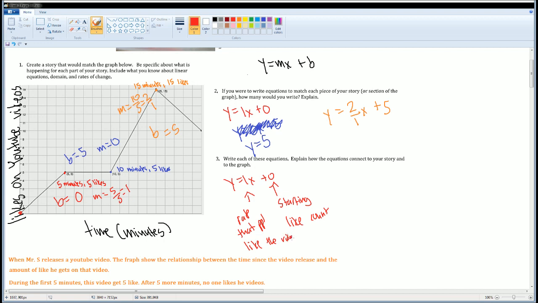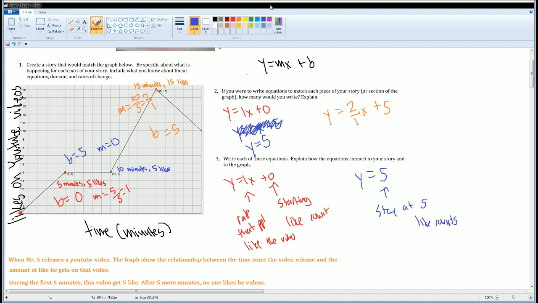It matches because the starting count was 0 and every single minute one person liked it. And then the blue one would be no one liked it, and it stayed at 5 like counts.